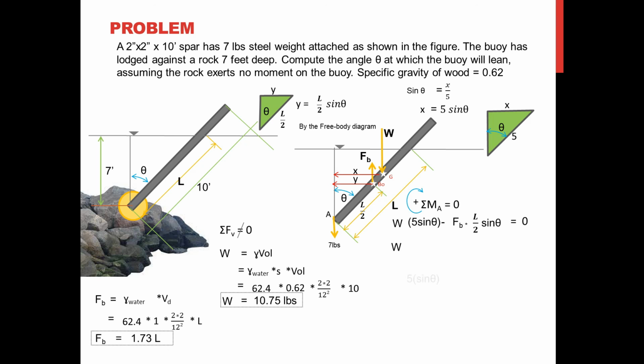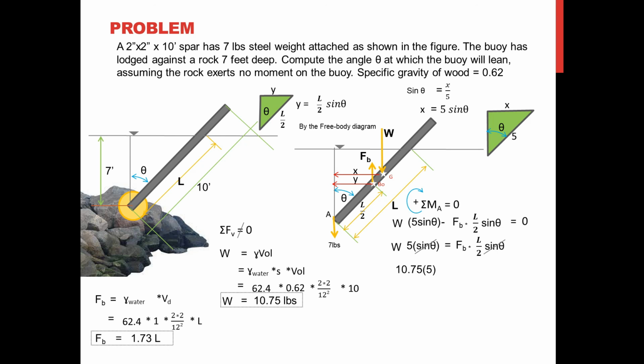In here, we start to transpose the buoyant force to the right side of the equation. Notice that sine theta will just be cancelled on both sides of the equation.